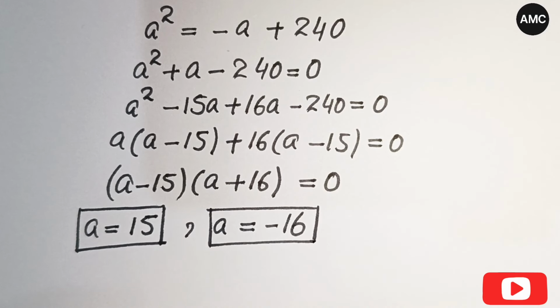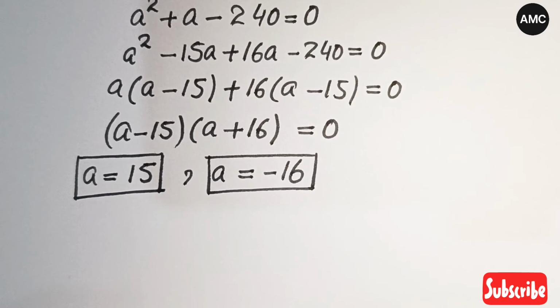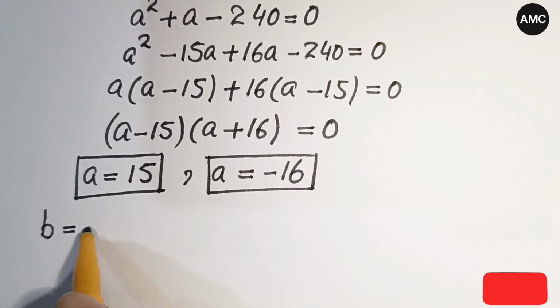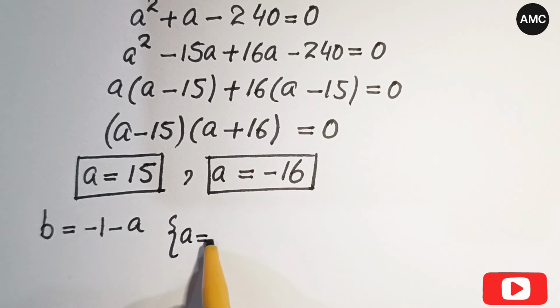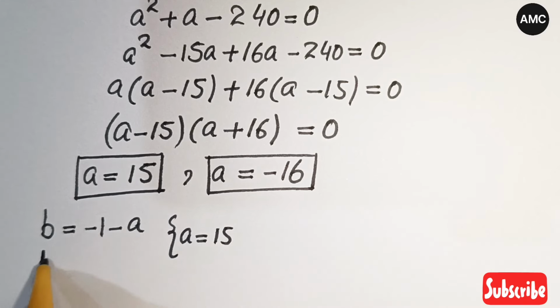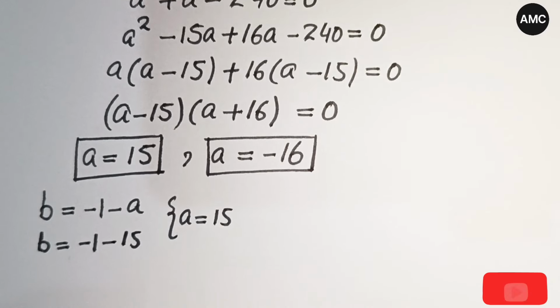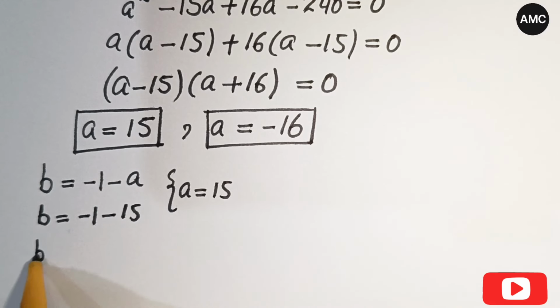Now for finding the value of b, we know that b is equal to minus 1 minus a. So when a is equal to 15, then b is equal to minus 1 minus 15, that is b is equal to minus 16.